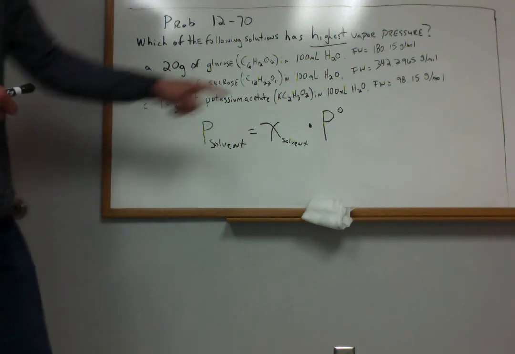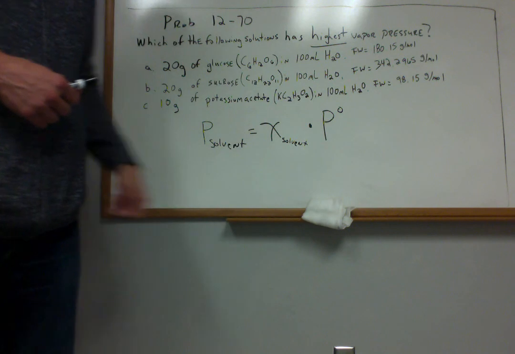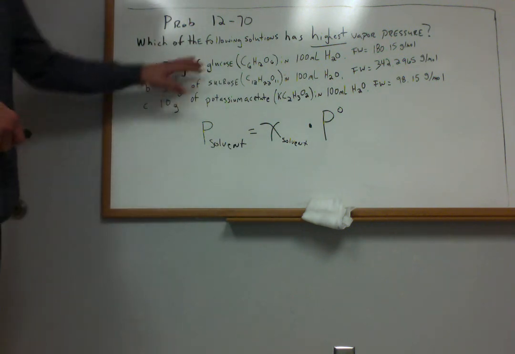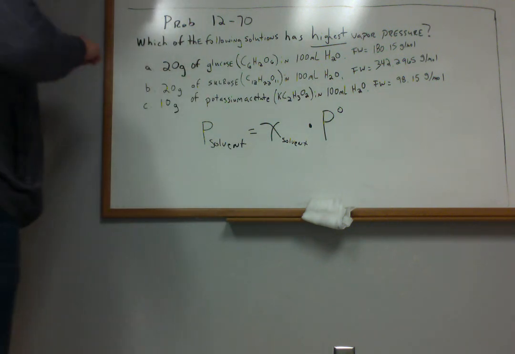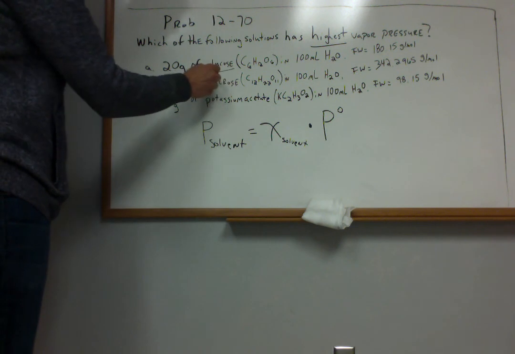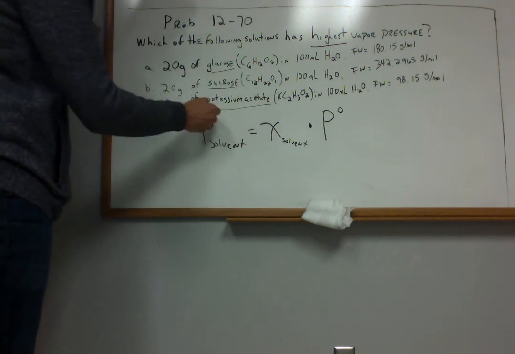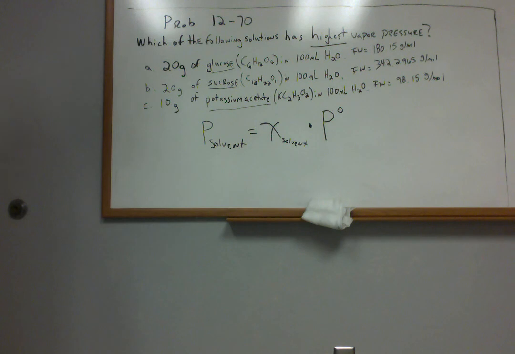So water, clearly in all our cases, is going to be a volatile solvent, but what about these other materials? Well, I quickly identify glucose, sucrose, and potassium acetate all as being non-volatile solids. They're all generally solids at room temperature. They exert very, very low vapor pressures. They're considered non-volatile.